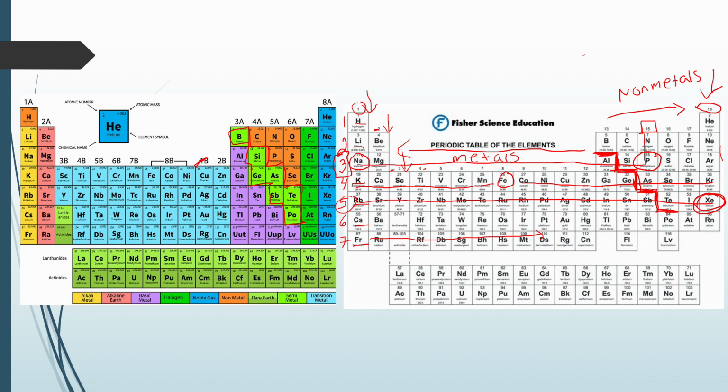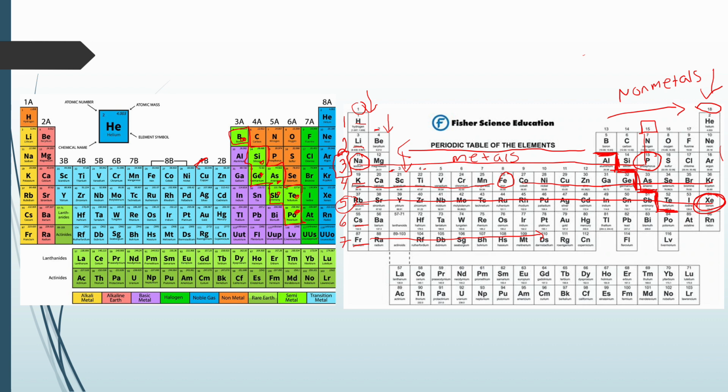On your periodic table, if you want to shade in the metalloids, you could use a highlighter, or put a dot in each box and then a key on your paper, just some way to indicate which ones are the metalloids. And then again, to the left are the metals and to the right are the nonmetals.